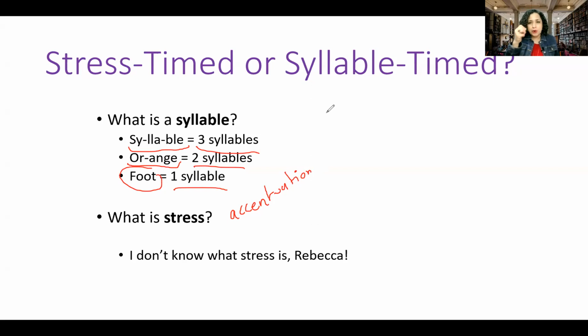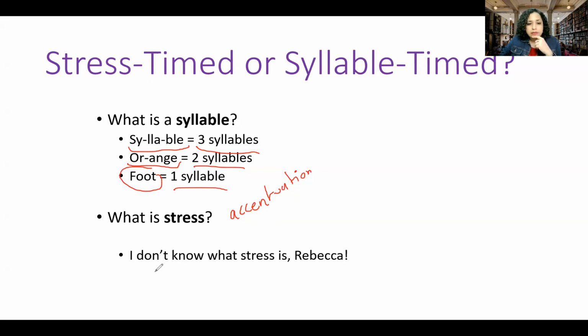You don't draw anything on top of the vowel or on one syllable. So then how do you know where to stress a word, in which syllable? Well, there are certain grammatical rules that can help you understand this even better, and it's also about getting the experience of where to stress the word.